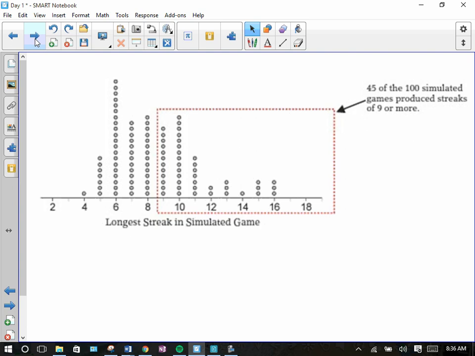We have both our hypotheses. We have our test statistic. We've simulated it, and we've gotten this dot plot. What value do we look for on our dot plot now? P-value. We want to find our p-value, but we have to know where to start on our dot plot.